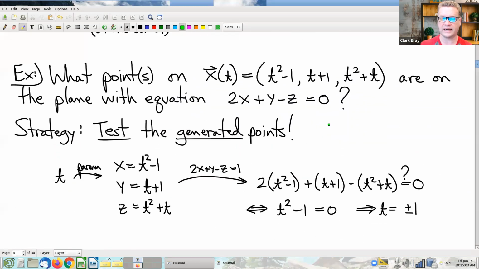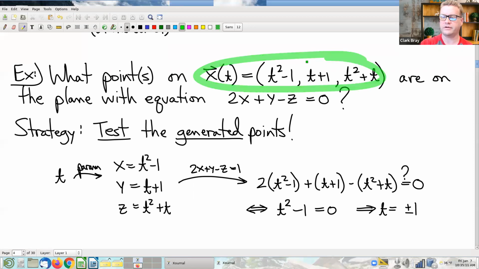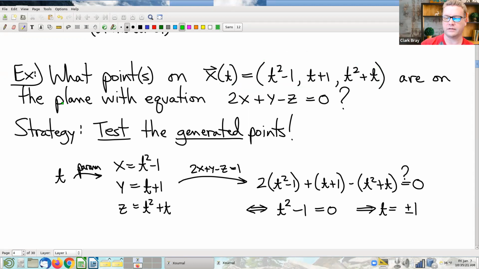And here's a really nice example of how you can take advantage of having this perspective. Question comes up. Here's a parametric curve, and I want to know what point or points, I don't know, but what possible points on that curve are also on the plane with that equation.